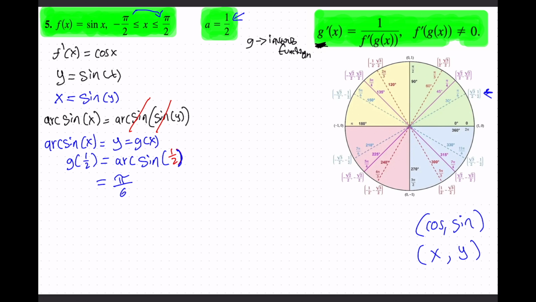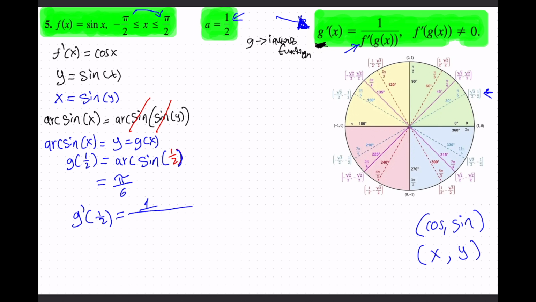Now that we have that, let's take a look at the g function, the inverse of it. So we need g prime of 1/2. Let's do that. 1/2 is equal to 1 over, and then we need f prime, as you can see here noted.